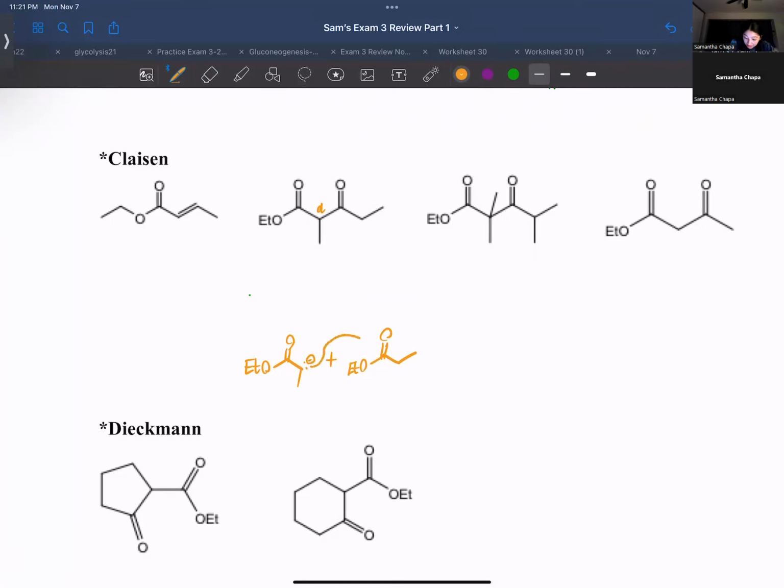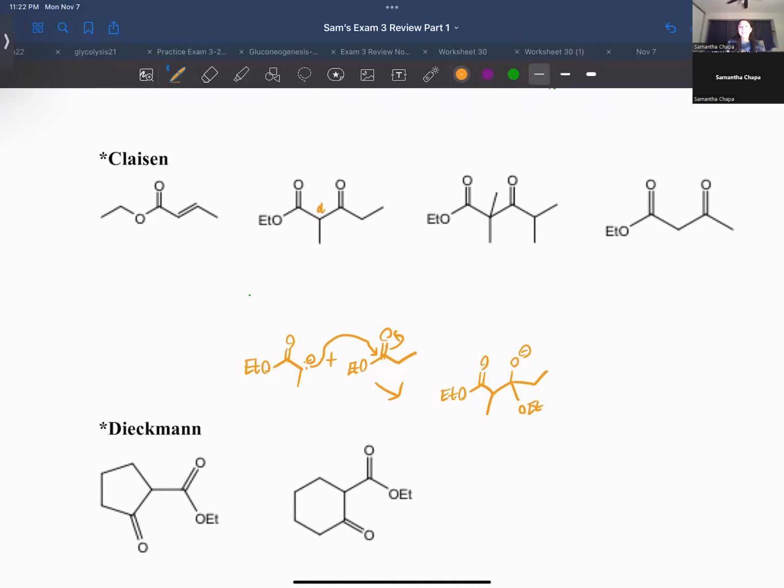I had this one attack the only electrophile that there was, which is this right here. And it pops it open, right? So I should get something like this, and it's gonna look a little confusing right now. You have a negatively charged oxygen, you have OEt, and you have this right here.